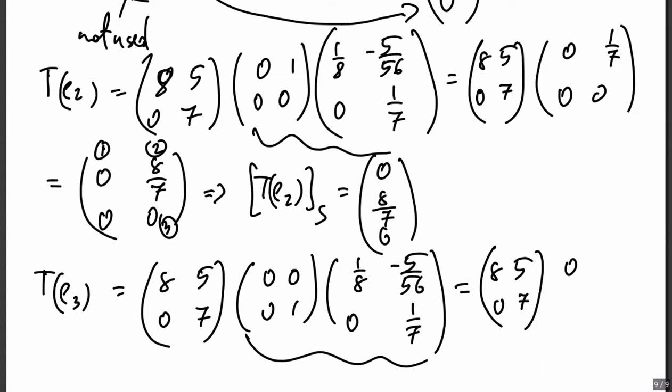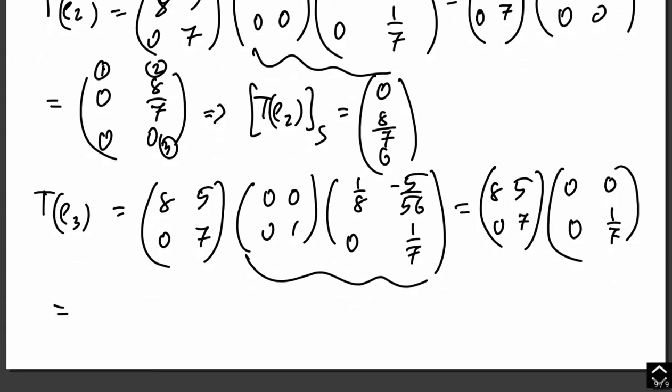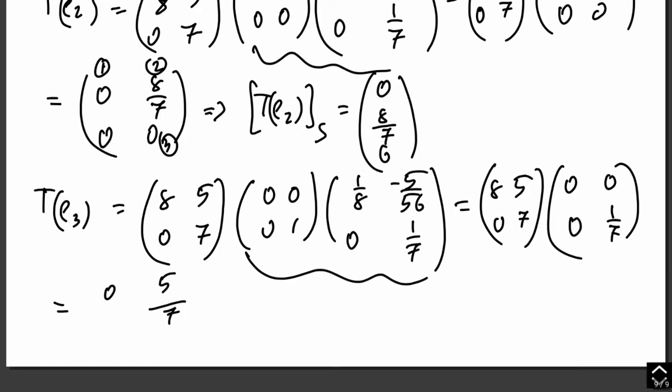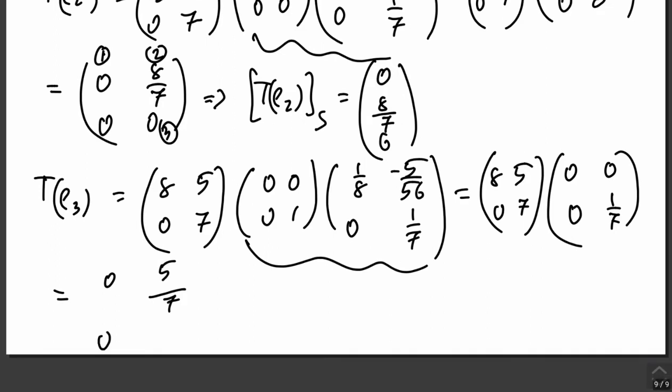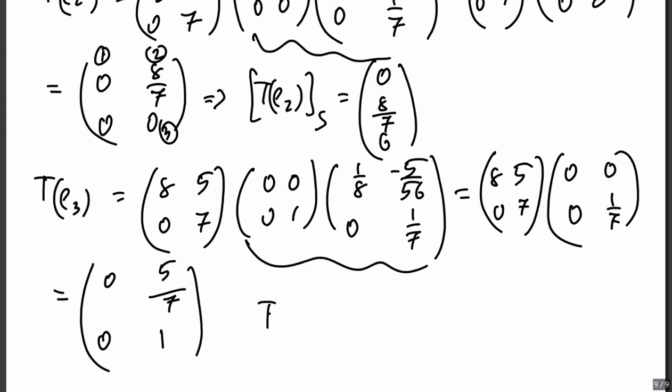The first row is 0, and it picks up in the second row only 0, 1 over 7. And then the result is 0, 1, 0, 5 over 7, and 0 and 1. And then the coordinate matrix of this in the S space is 0, 5 over 7, and 1.